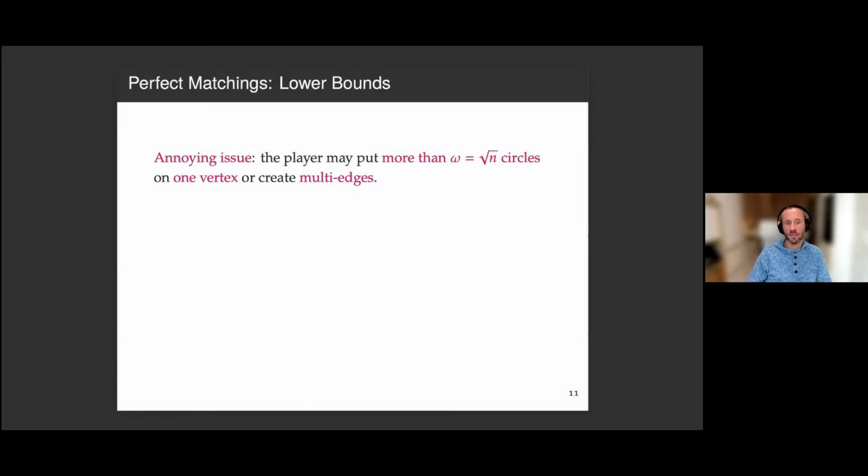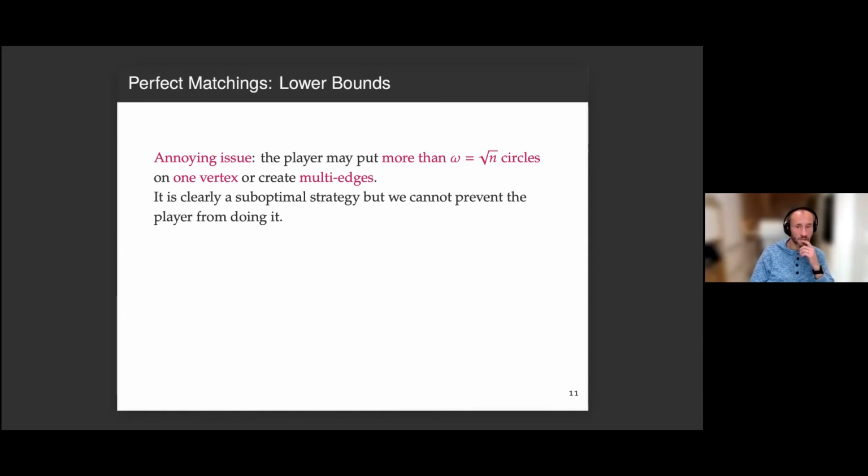On one hand, it's very silly, right? If I want to create a perfect matching, I'm a player. I shouldn't be placing a trillion circles on one vertex. That's clearly a suboptimal strategy. Only one of those edges will be useful for my matching, but nobody can stop the player from doing that.